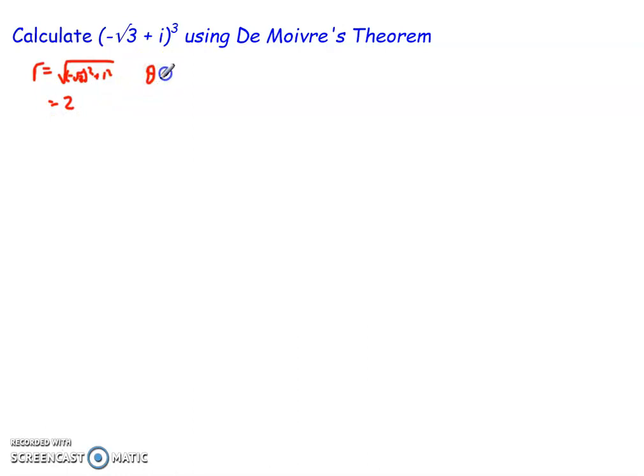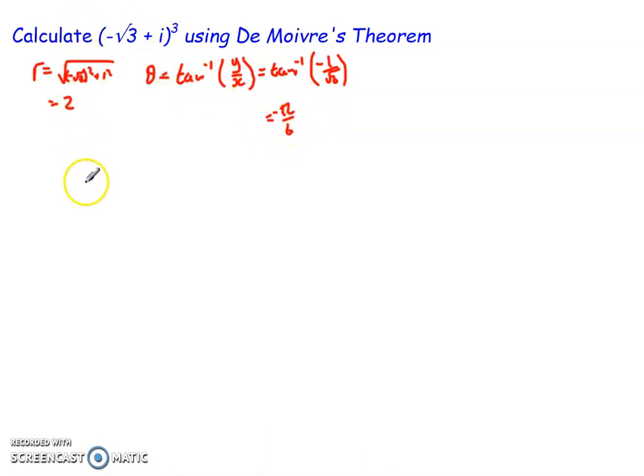We then want theta is equal to tan minus 1 of y over x. Now remember, y is associated with the imaginary part of the number, x is associated with the real part, so in this case, it's tan minus 1 of negative 1 over root 3. What that ends up giving me is negative pi by 6. So there's my theta.